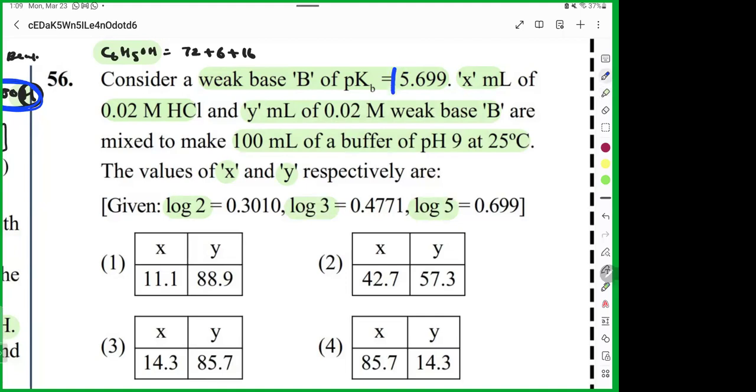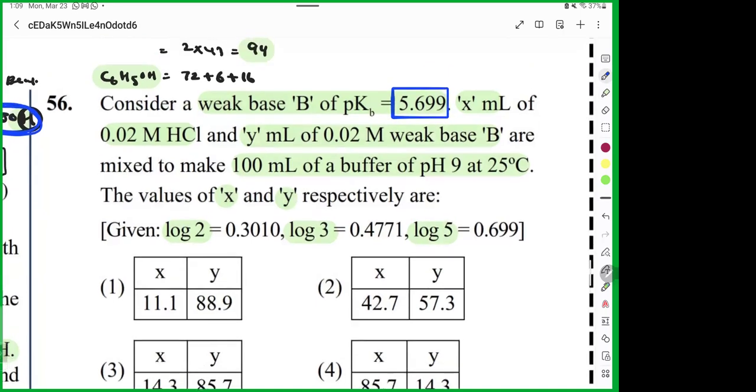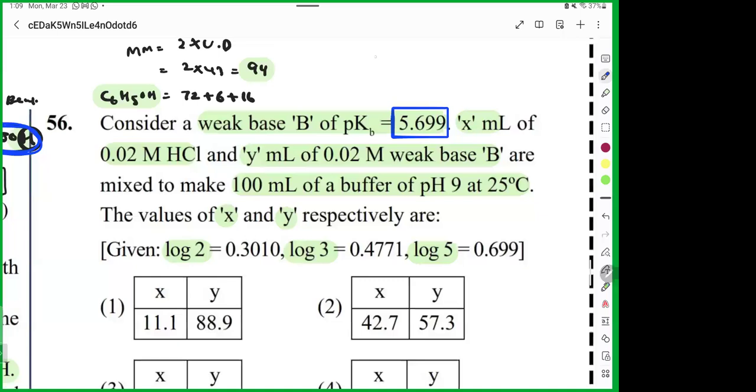First thing, you have the pKb value. Whenever you have a weak base, the formula is pOH equal to pKb plus log salt by base. Got it?